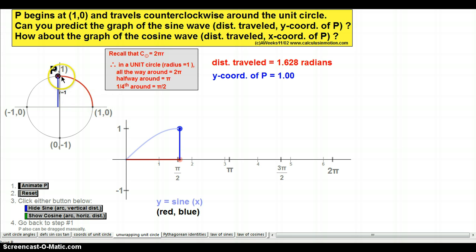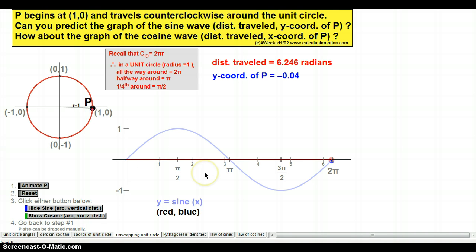And then if I continue to drag my point around, sine at pi, you guys know this already, is 0 again. Sine value at 3 pi over 2 is negative 1. There it is, right down there. And as I pull it back up to 2 pi, I'm back up to 0. So there is my sine curve.